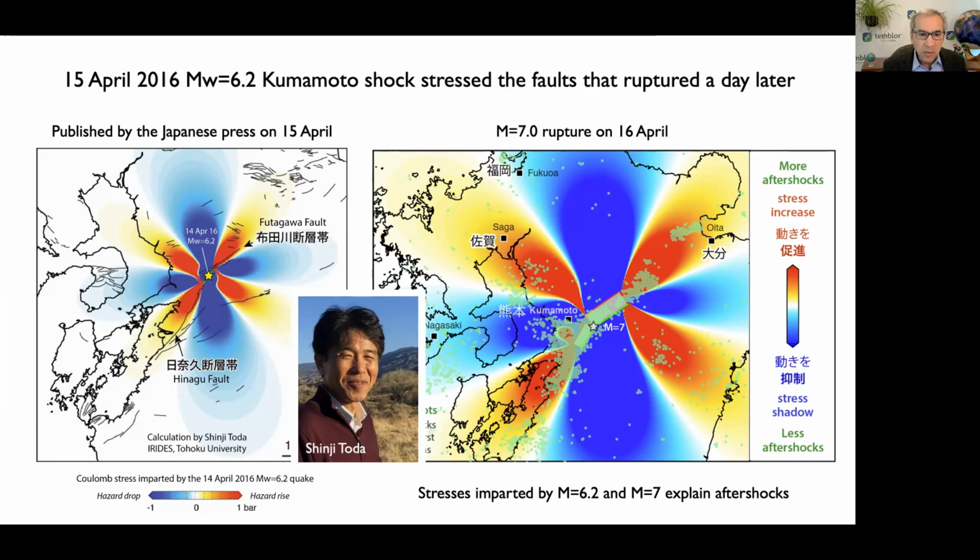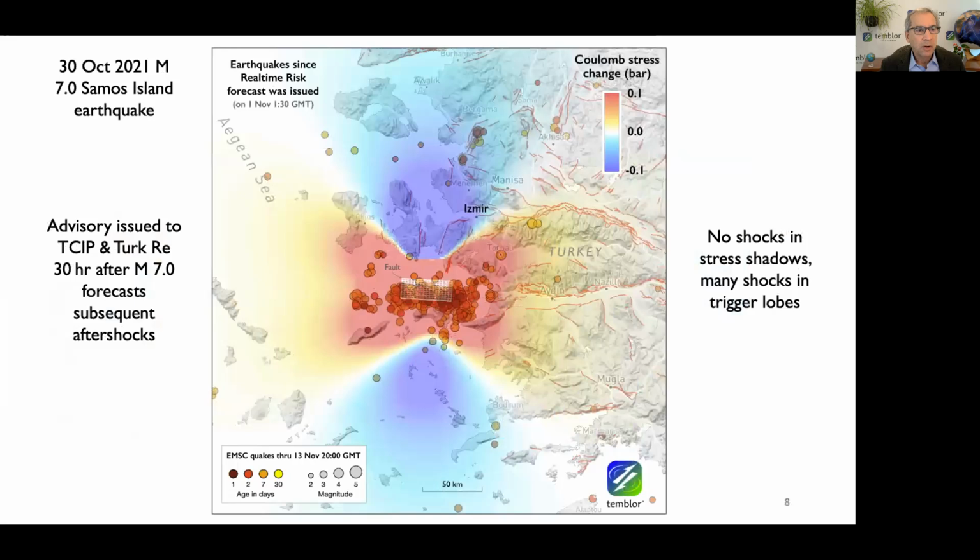Now let me take you to another part of the world, on the Turkey-Greek border, where last October a magnitude 7 earthquake occurred. As you may remember, most of the damage was in the fourth largest city of Turkey, Izmir.